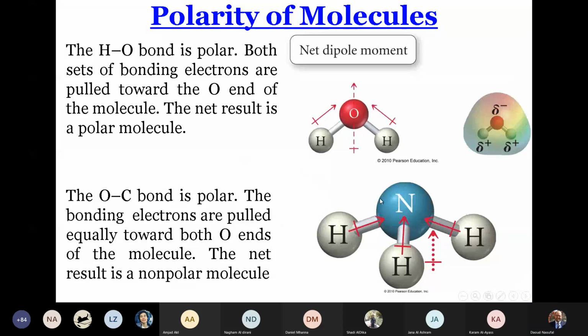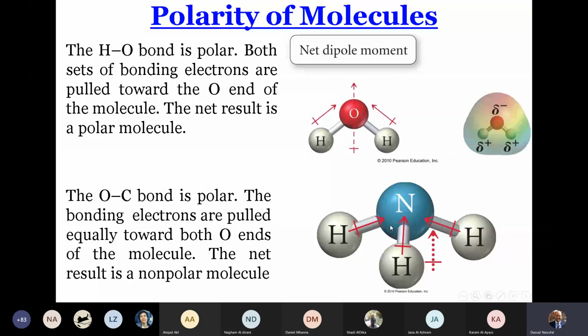NH3. We draw the Lewis structure. Then we deduce the geometry. The geometry according to VSEPR is trigonal pyramidal. Nitrogen is more electronegative than hydrogen, so we have a first vector from H to N parallel to the bond, the second from H to N parallel to the bond, the third from H to N parallel to the bond. Now add these vectors.